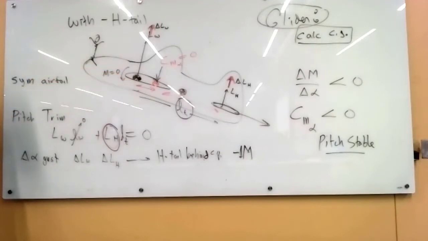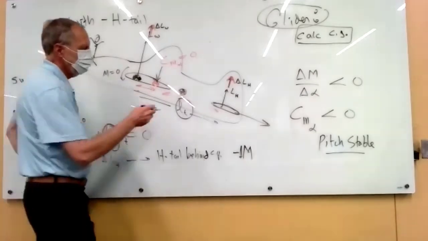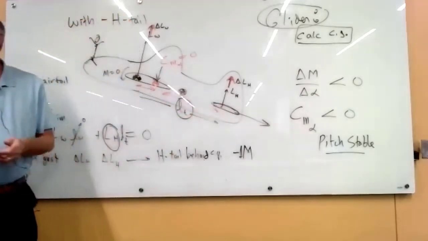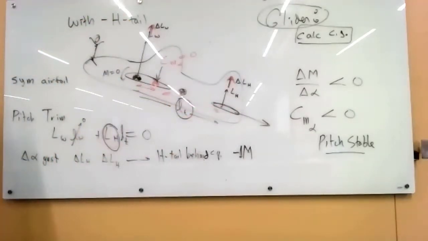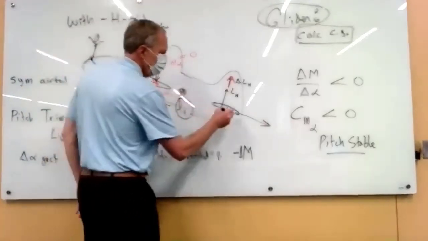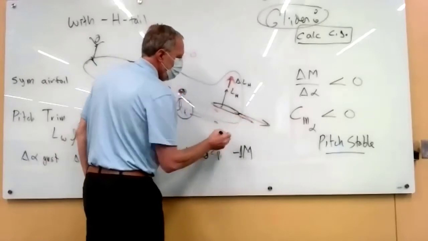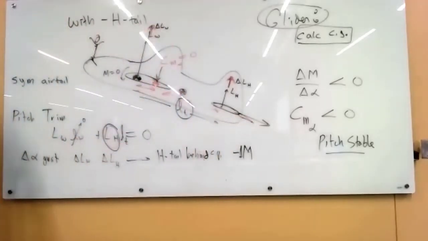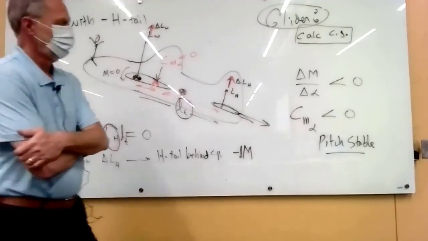That's why typically you will have some kind of device on the tail where you can change the lift of the tail. Either you move the tail completely up and down, so you can tilt it down, you get lift up, or you can tilt it up and get lift down to balance. Or we put an elevator on the back where we can change the camber and get less or more lift there to balance it.